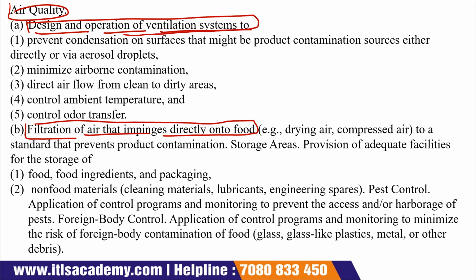Okay, so in the first one, the design and operation of ventilation system, the first point is that it will prevent condensation on the surface, which might be a product contamination source, either directly or via aerosol droplets.